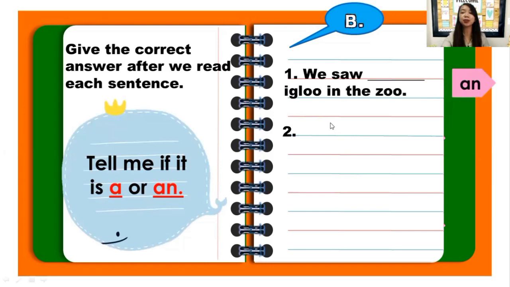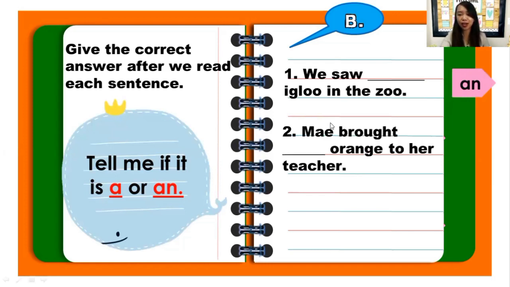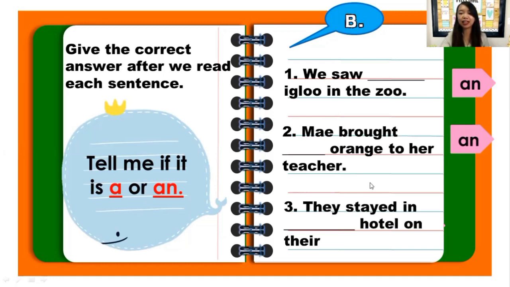Okay, for number two, May brought blank orange to her teacher. Now, what's your answer? Is it a or an? The correct answer is an. An because orange starts with a vowel letter which is letter O. Number three, they stayed in a blank hotel on their vacation.